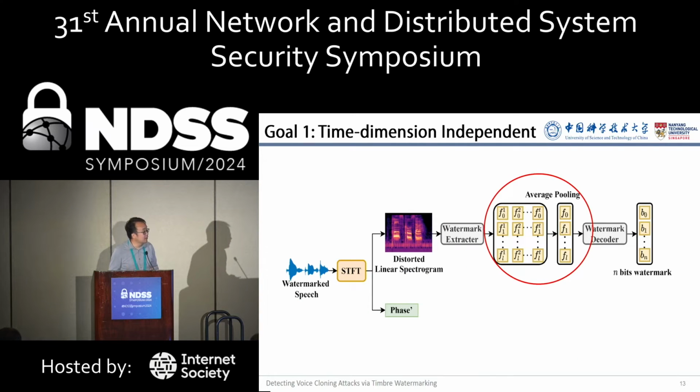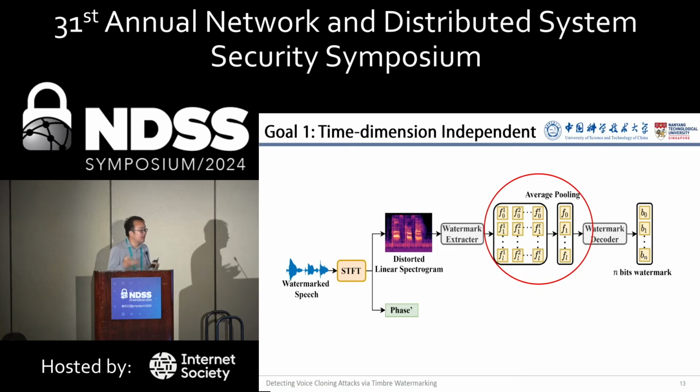Similarly, for the watermark extraction, given a watermarked speech, we perform the Fourier transformation to get the spectrogram. And then we use a watermark extractor to extract the features of the possible watermarks.